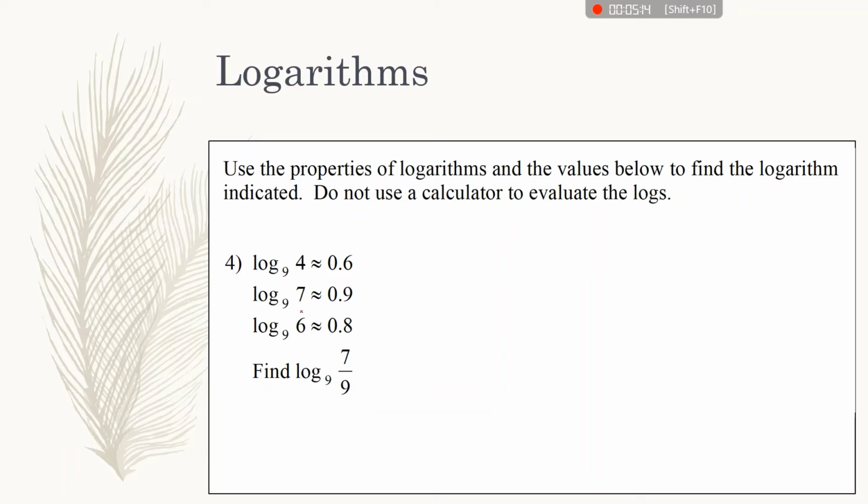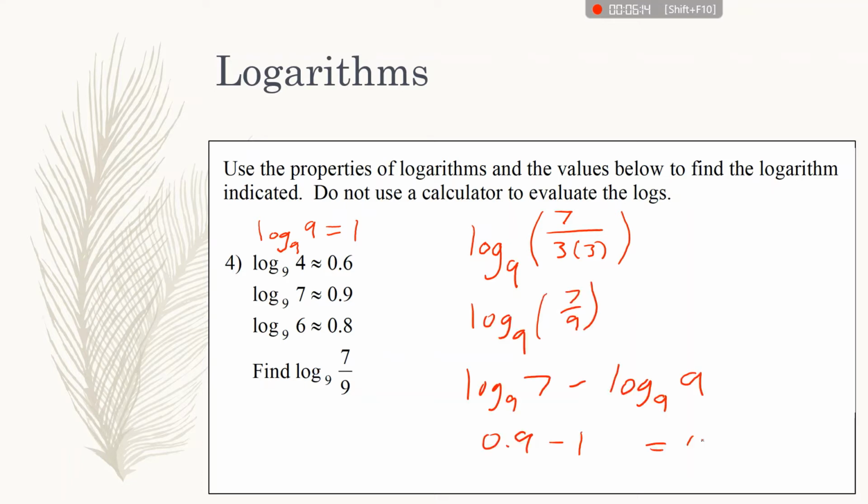I've actually got a 7 as well. So I actually don't need to do anything here. Okay, log base 9 of 7 is 0.9. Log base 9 of 9 is 1. So I've got negative 0.1.